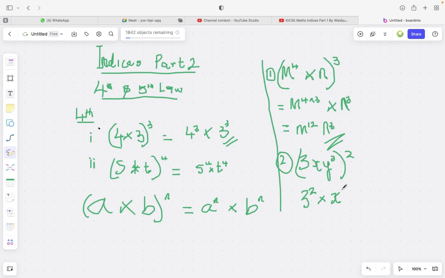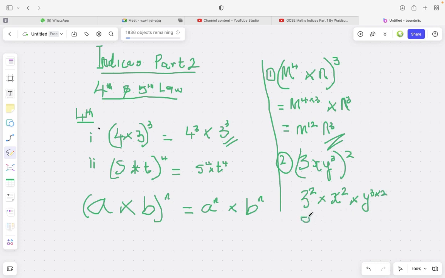So this x to the power of 2, and then multiply by y to the power of 3, times this 2, because this one already has its own power, you multiply with the 2. That's third law. You remember third law: anything that already has a power and there's another power outside, you multiply. So here we have 9, not 6.